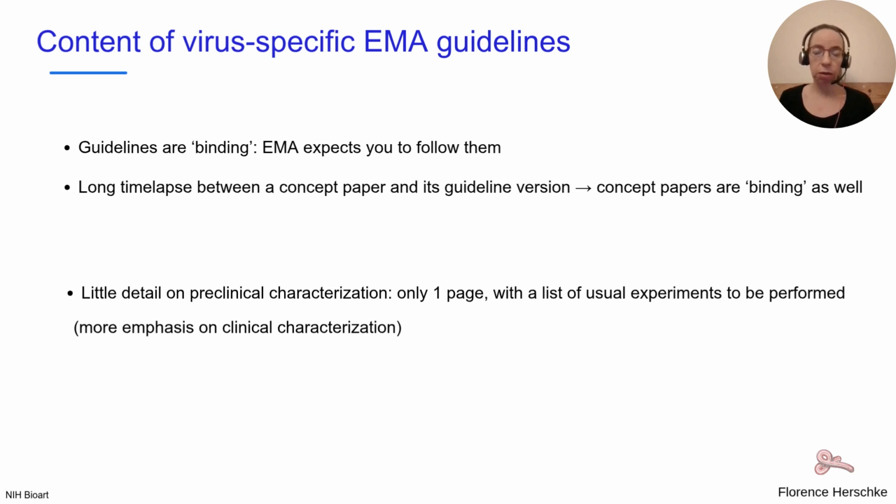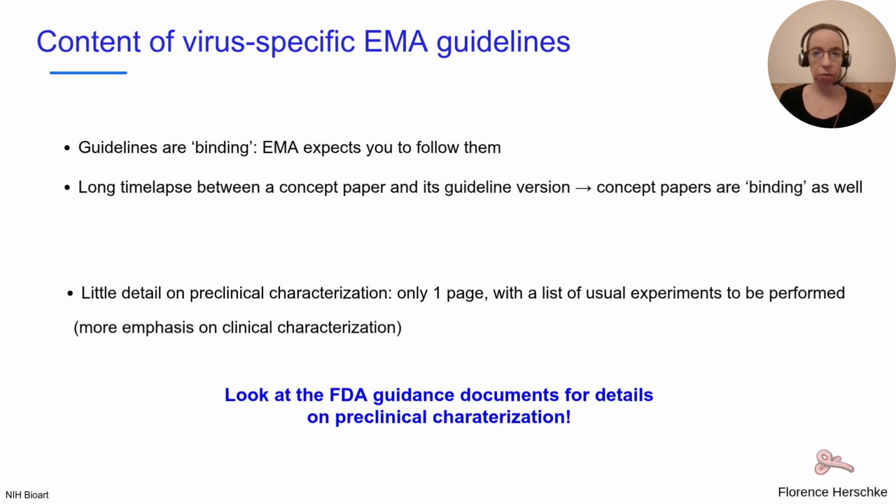These experiments are the usual ones for any antiviral, and they are the same as described by FDA. Now the FDA gives much more detail on how they want you to perform the experiment. So if you need more guidance on that, I actually advise you to look at the FDA documents.